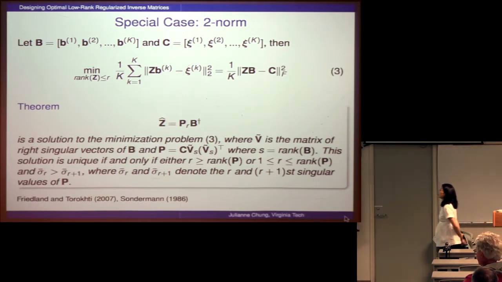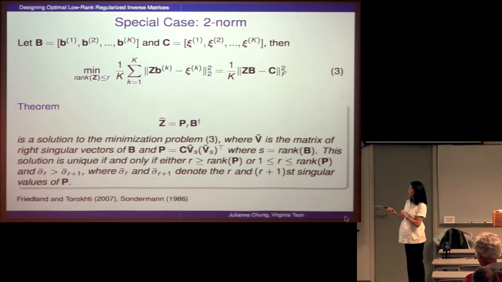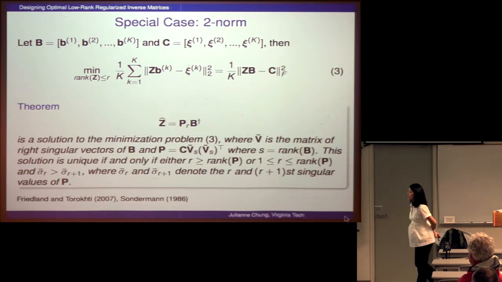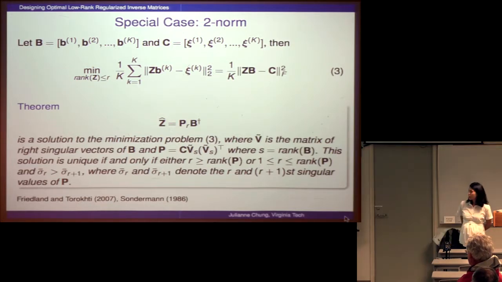So if we're in the empirical-based framework and we have all of our training data and we list them all into these matrices B and C, then our problem simplifies to become one of just minimizing the Frobenius norm of this difference here. And we found that there's actually a closed form solution that was discovered in 1986 and then rediscovered in 2007.